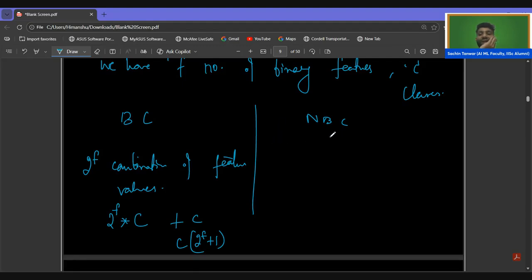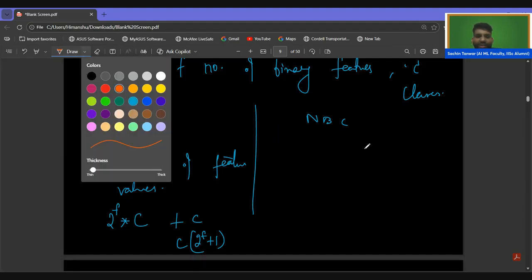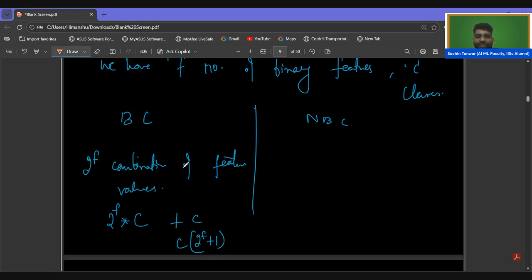Now, the moment I change it to Naive Bayes classifier, what would change? I would not need all those combinations. For each of f features, each one is binary, so I'll just need 2 probability values for each. So 2 for first plus 2 for second plus 2 for other one. How many times? F times.